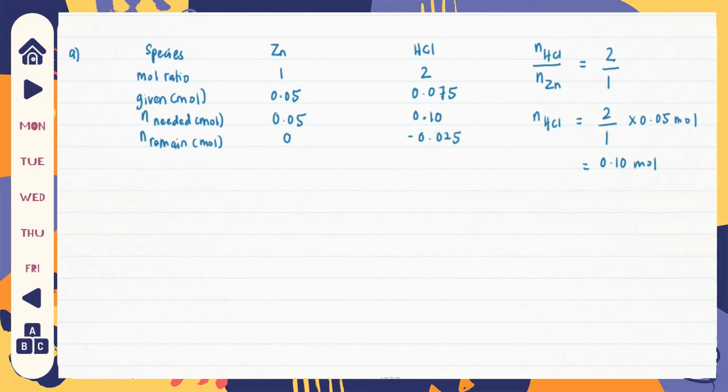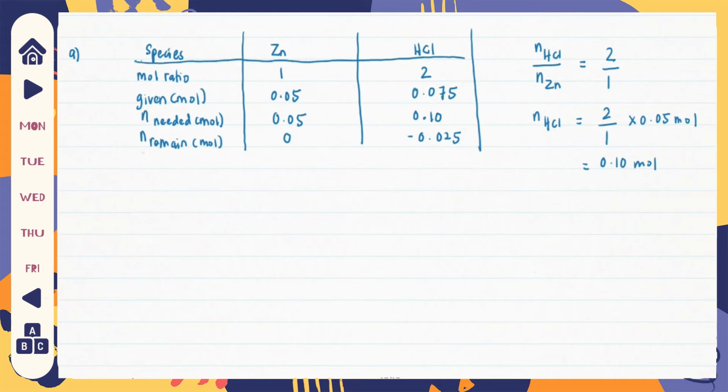Okay, when you look here, this is a table, so draw the table carefully. When you look at the table, you will see the number of mole remain for HCl is negative.